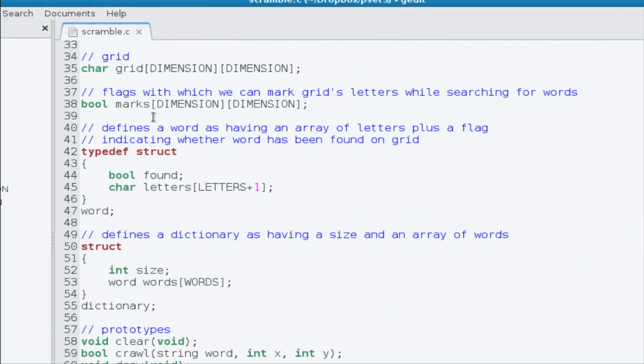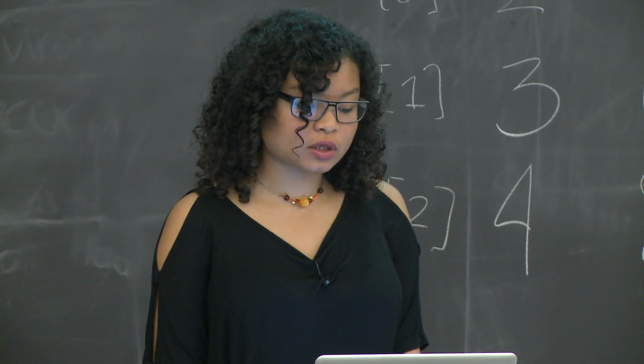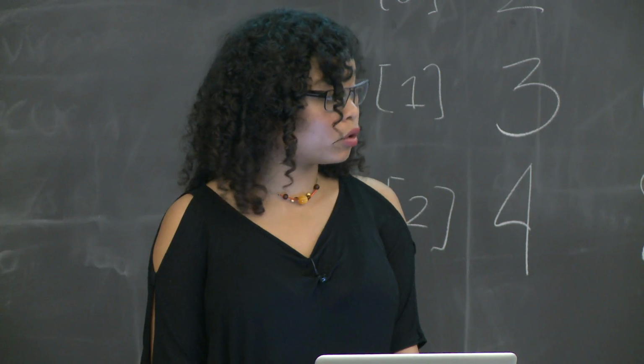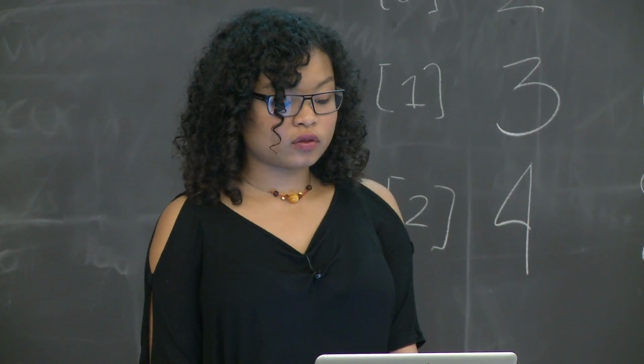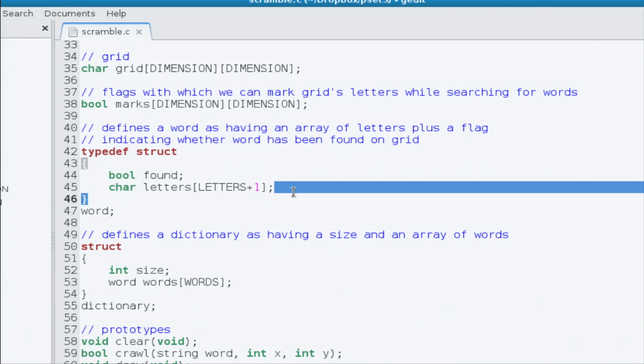So here we decided that we wanted our own data type. We weren't happy with just string. We actually wanted something called a word. So we have this typedef struct here, and within it, it has a Boolean called found, so whether this word has been found or not. Then it has an array of characters, essentially the actual word that it is.